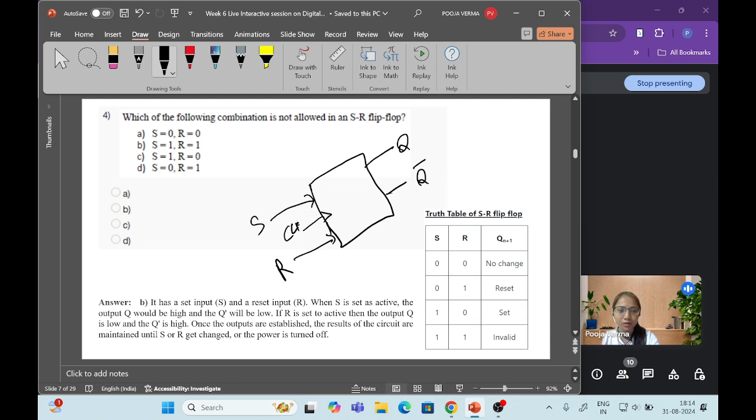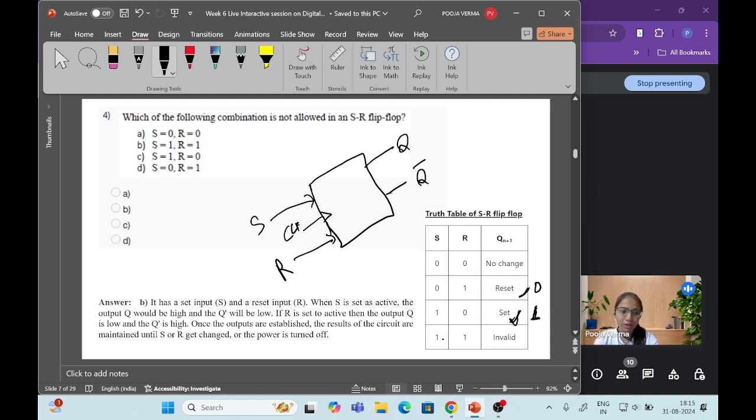In the truth table of the SR flip-flop, if inputs S and R are both 0, there is no change in the output. If S is 0 and R is 1, it goes to reset, or 0. If S is 1 and R is 0, then it is set, which is 1.